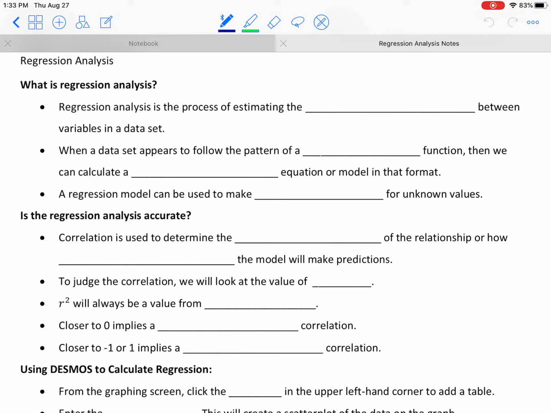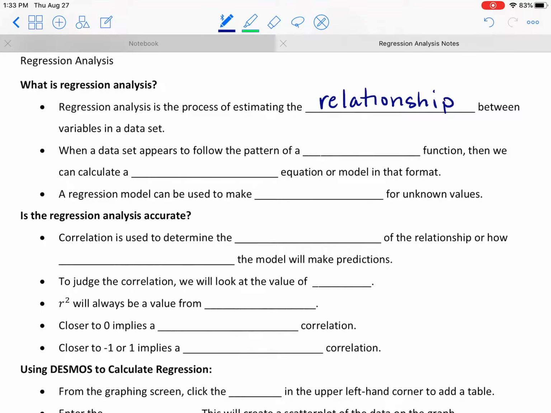Regression analysis is the process of trying to estimate the relationship between variables in a data set. So you're looking at two different values and what's happening. Are they increasing linearly? Are they decreasing linearly? Is it sort of a parabolic or quadratic relationship between the data? Let's try to estimate it mathematically using this process called regression analysis.